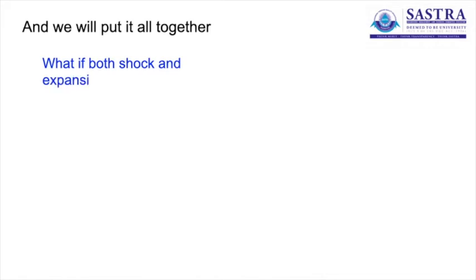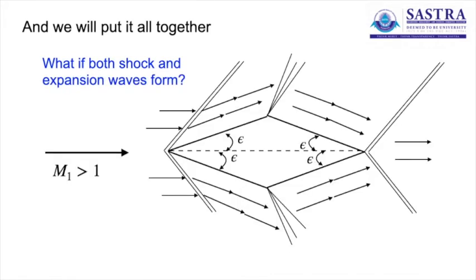Having learnt about both shock waves and expansion waves, we will put together all that we have learnt and ask ourselves, what if both of them formed in a supersonic flow? For example, what if we had a diamond-shaped aerofoil meant for the wings of a supersonic aircraft?